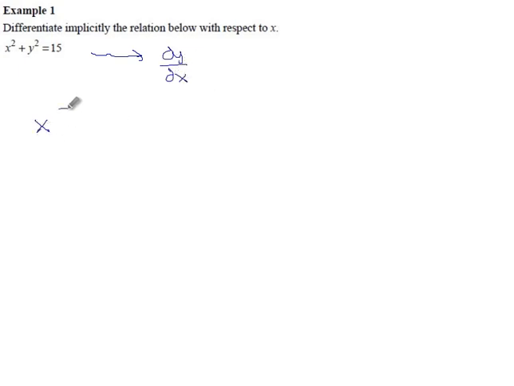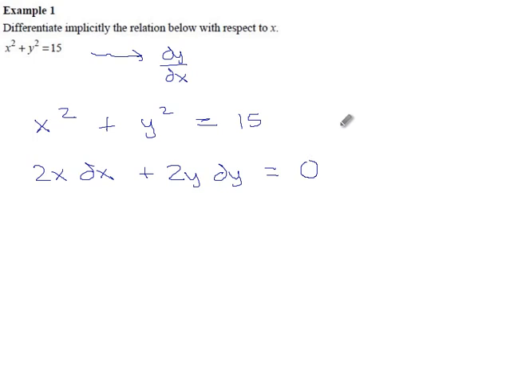So here's how that happens. Oops, y squared, sorry. When we differentiate this first term, x squared, what we get is 2x dx. When we differentiate the second term, we get 2y dy equals, when we differentiate 15, we get 0.